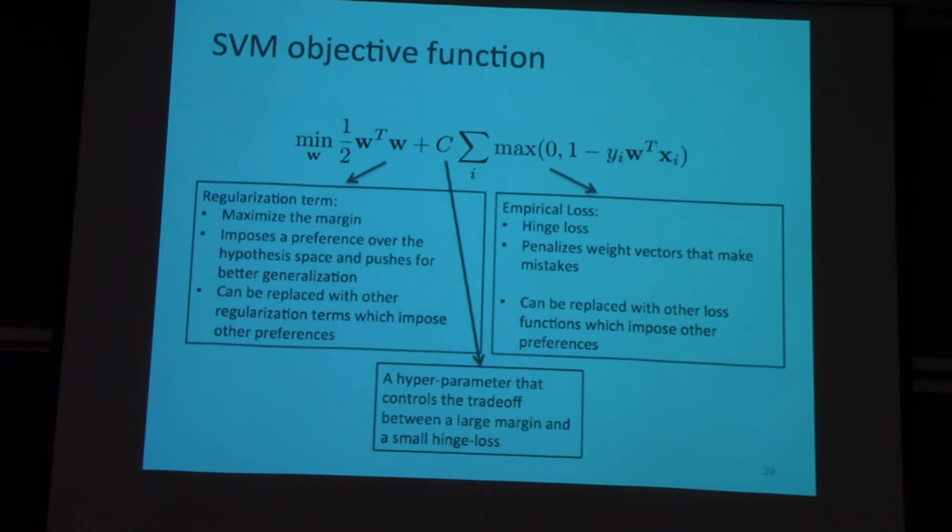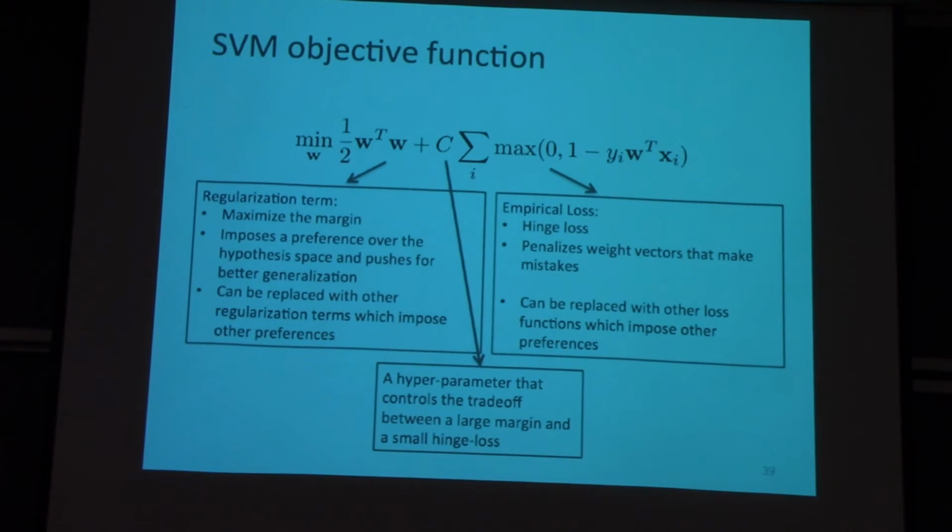In this SVM case, it's pushing for maximize the margin, and it helps for generalization. And there are other possible regularization terms, but in the SVM objective we derive, it has this W transpose W form, and it's a very common regularization term.